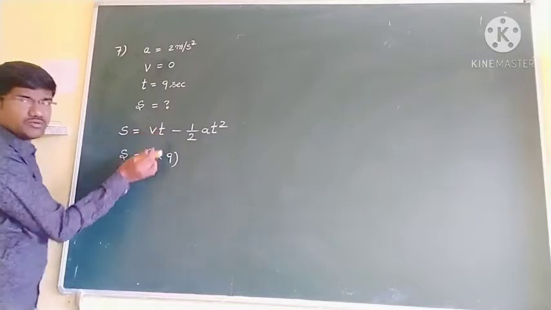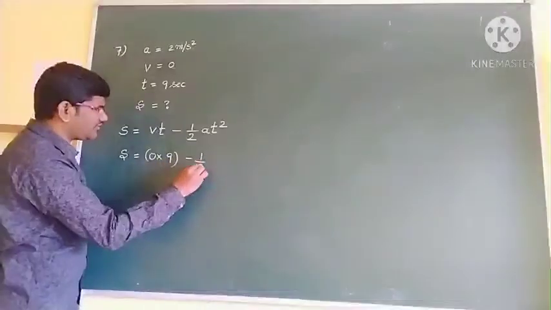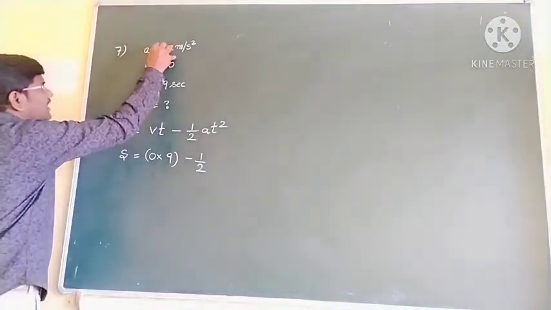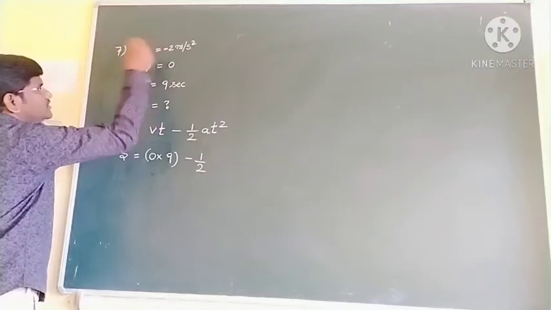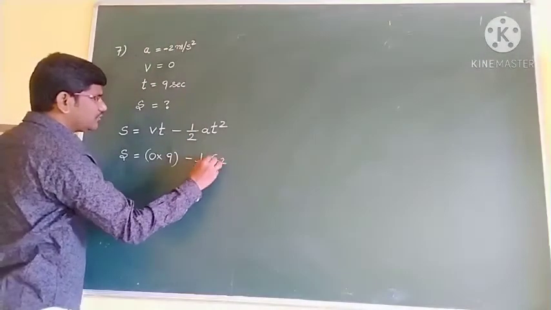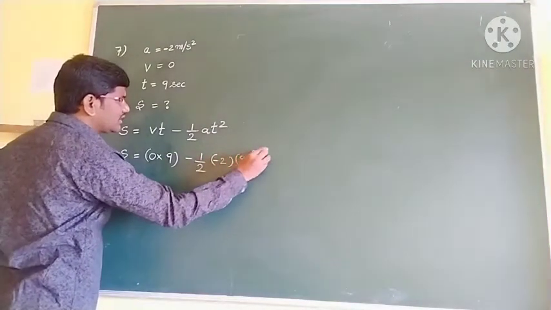So V value 0, t is 9, minus half into a. They have given retardation, deceleration, so a value is negative, minus 2, into t square, so you write 9 square.